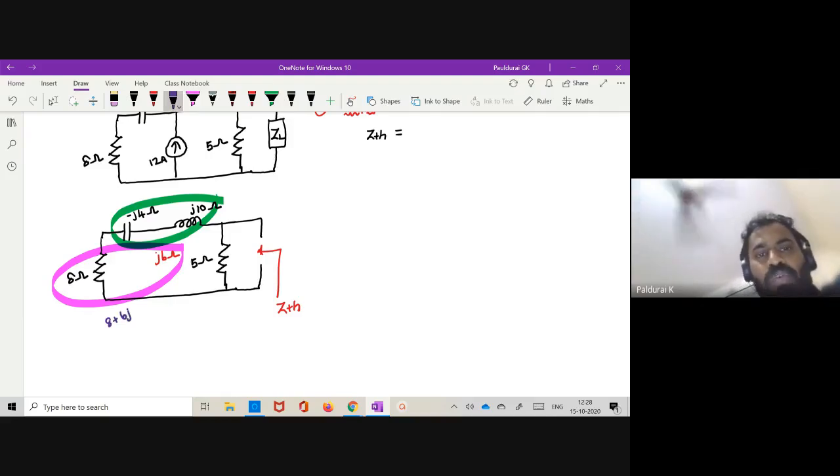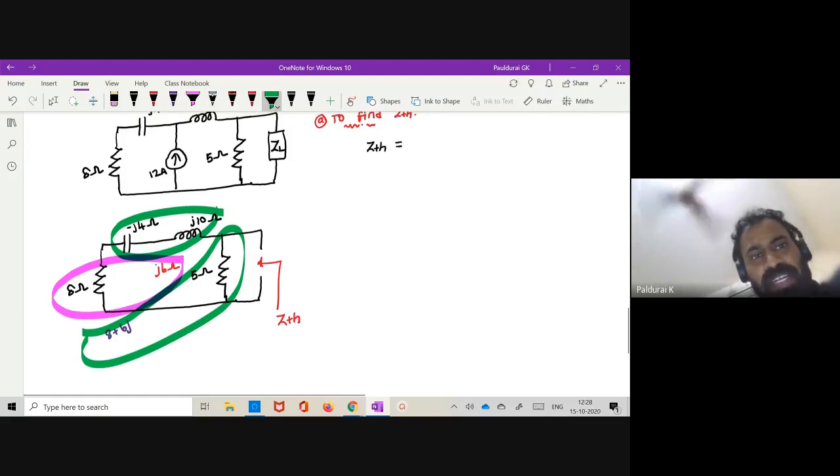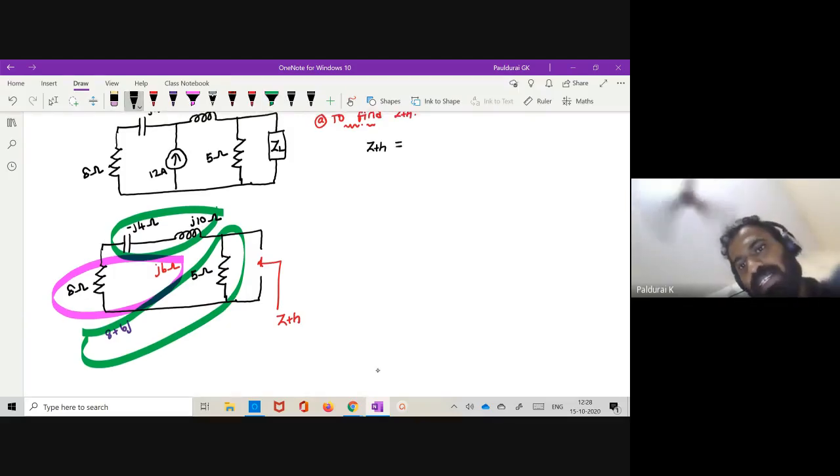Now how are this 8 plus 6J and 5 ohm connected? Parallel, sir. Parallel, not series. So what is the equation? Straight away I can write 8 plus 6J parallel with 5, so R1 times R2 divided by R1 plus R2.